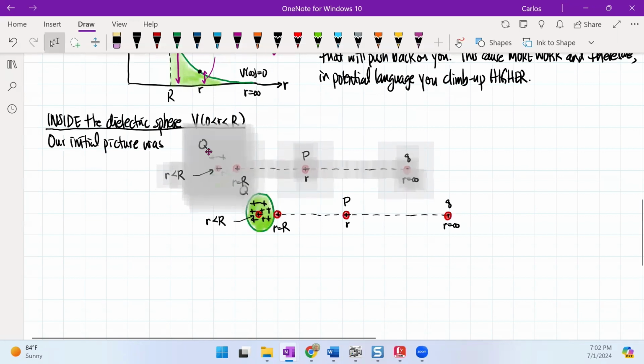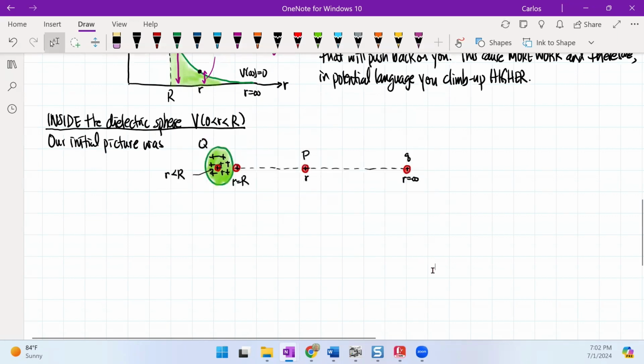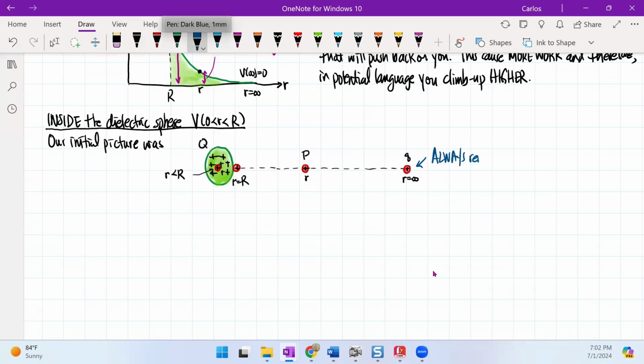When I'm looking at this, the thing I have to pay attention to is that I always have to remember to start from infinity and work my way inwards. You have to do that.